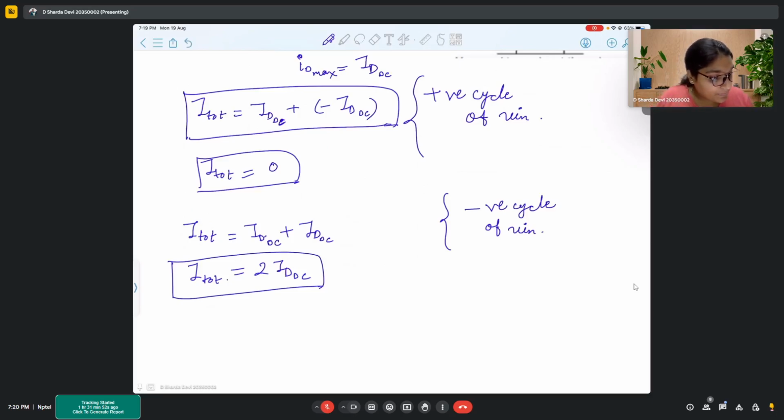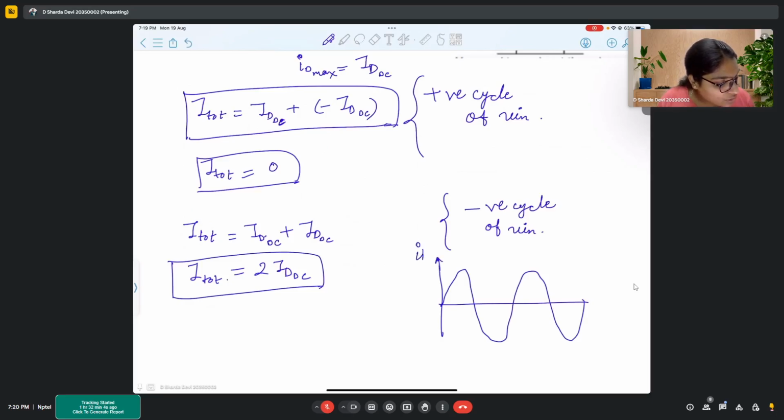This is for the negative cycle. So with input, what is happening is this is small ID, okay? How it is changing is, this is 2 IDC, and so this is plus IDC, this is minus IDC.